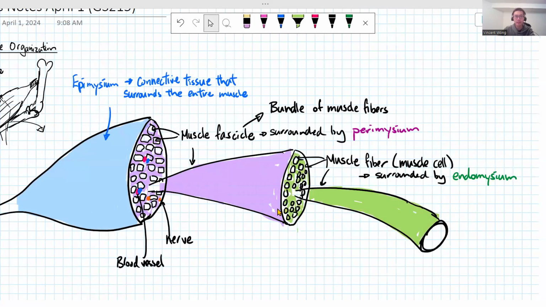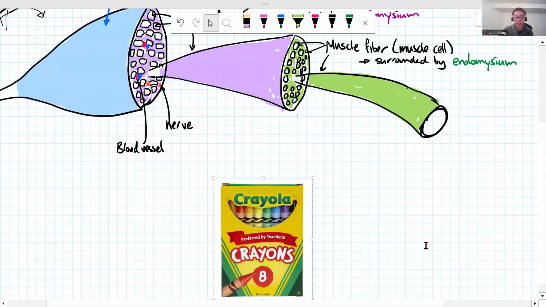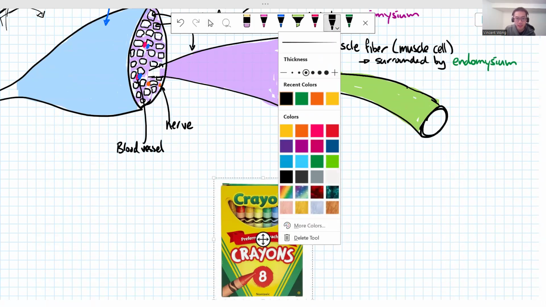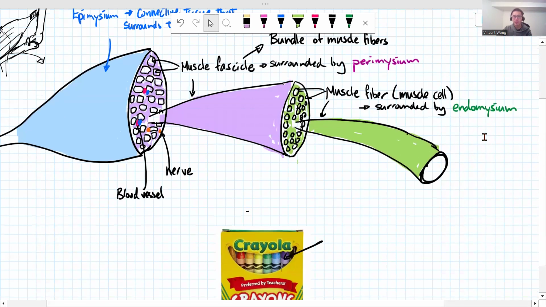I guess one way to think about this is like a box of crayons. The individual crayon, that's like a muscle fiber. And the paper wrapping that goes around the crayon would be like the endomysium. Now you take a bunch of crayons and pack them together in a whole package.